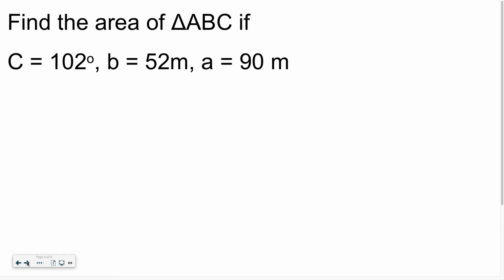Okay? So here we go. Here is a triangle that I would like to find the area of. So go ahead and write down the given information.